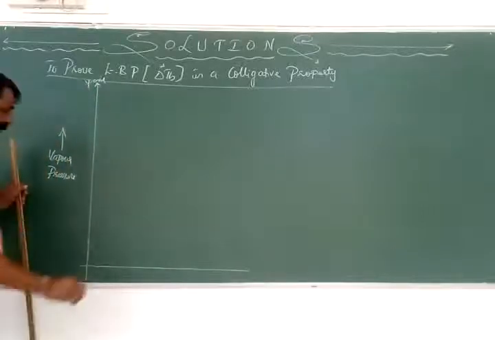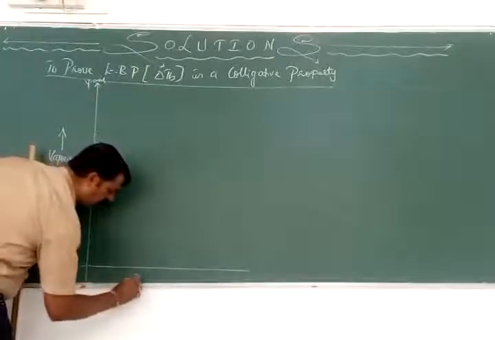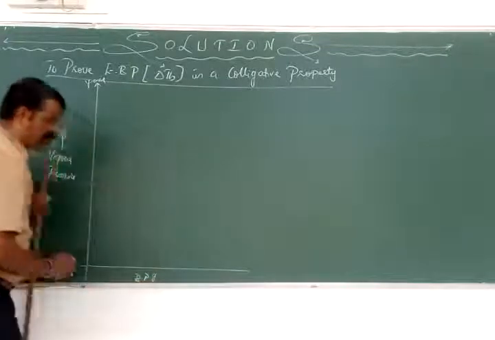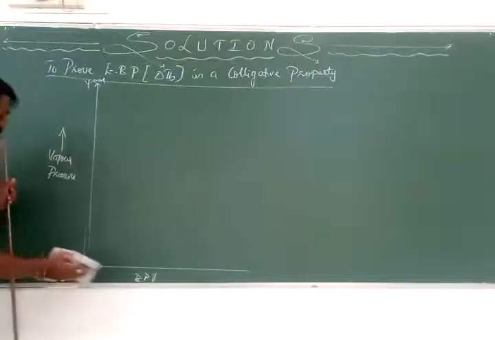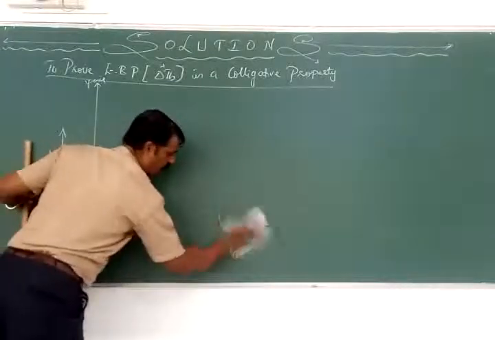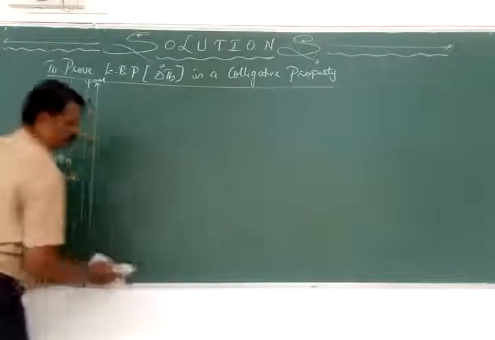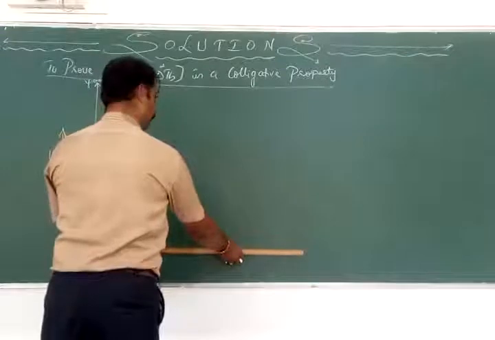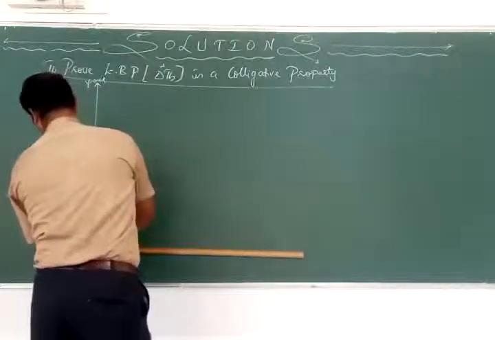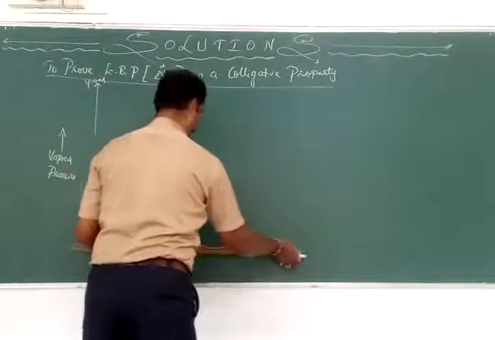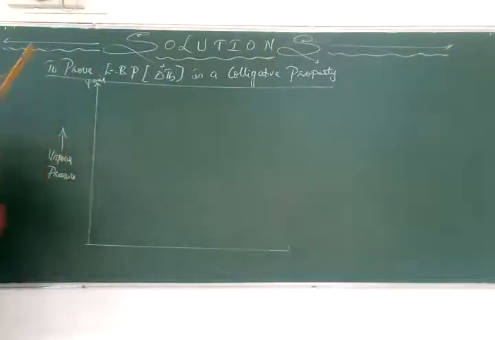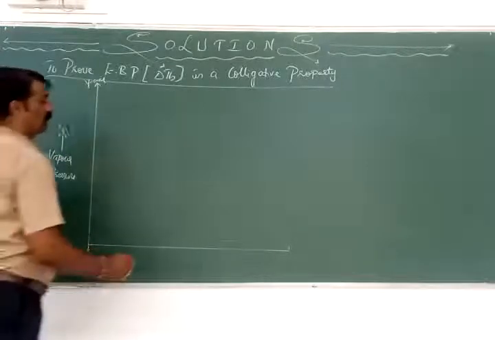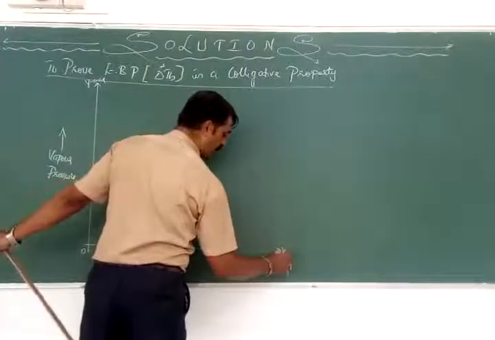This is the BP of the given liquid. Let us make this a little bit higher here. So let us take this as the x-axis.